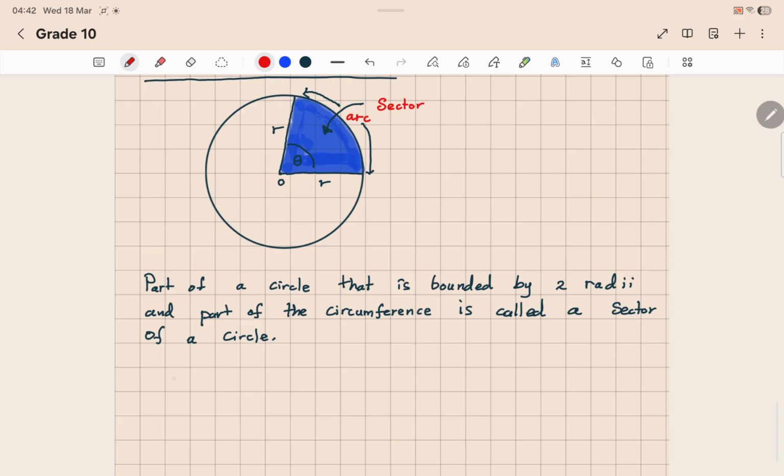Let me note down this: the angle at the center, which is theta, can take values from 0 degrees to 360 degrees.